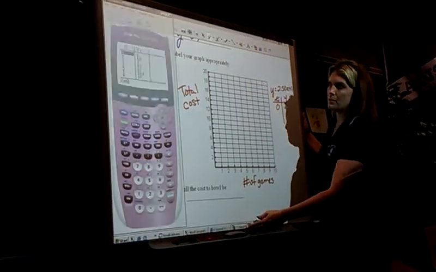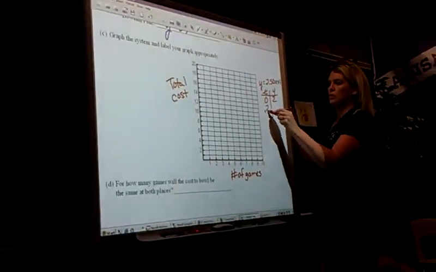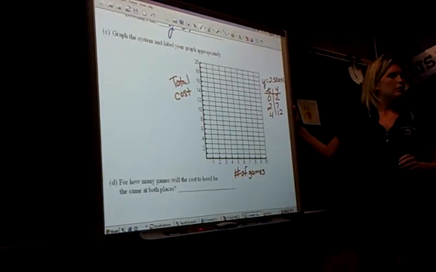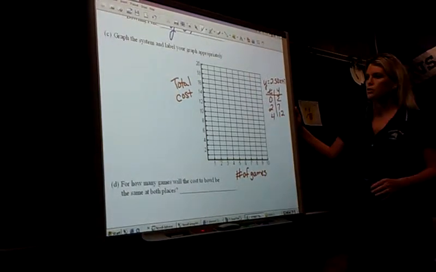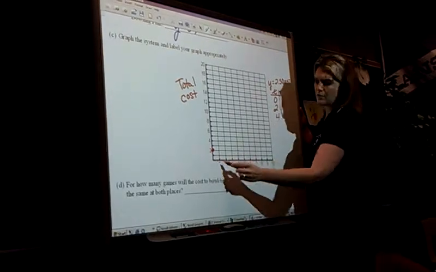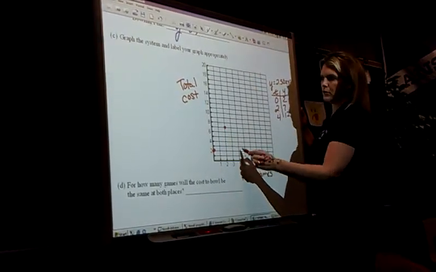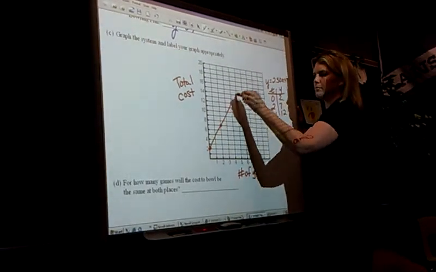If I pull it back up, I've got 2, 7, and 4, 12. You can do the decimals, but on this graph it may be a little more difficult. So I'll go to 0, 2 and put a dot, 2, 7, and 4, 12. And I will draw my line.